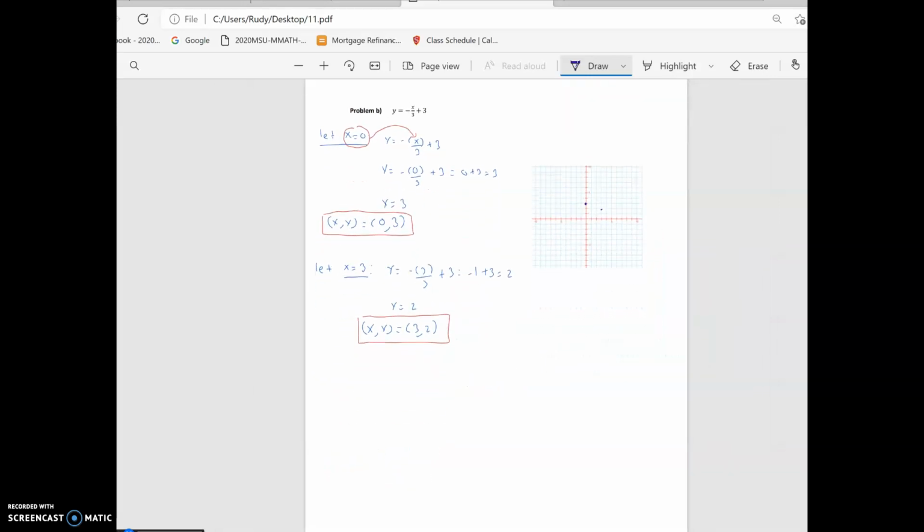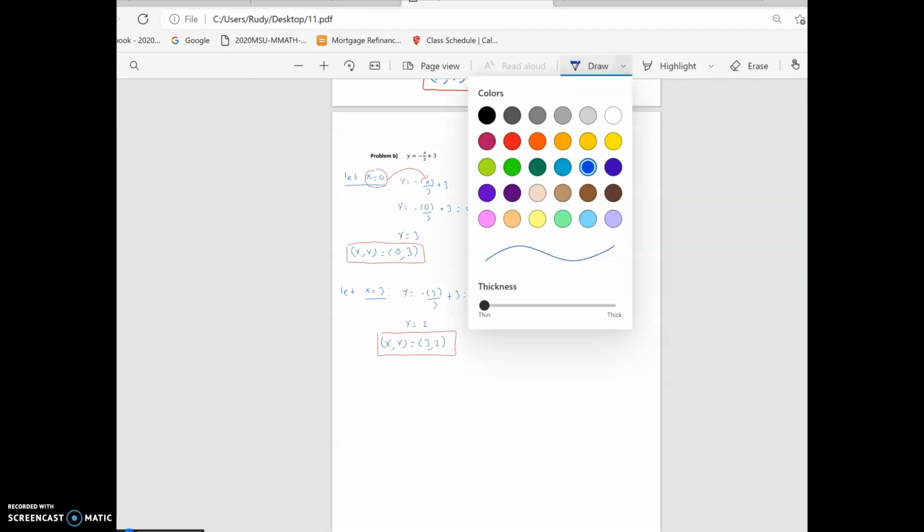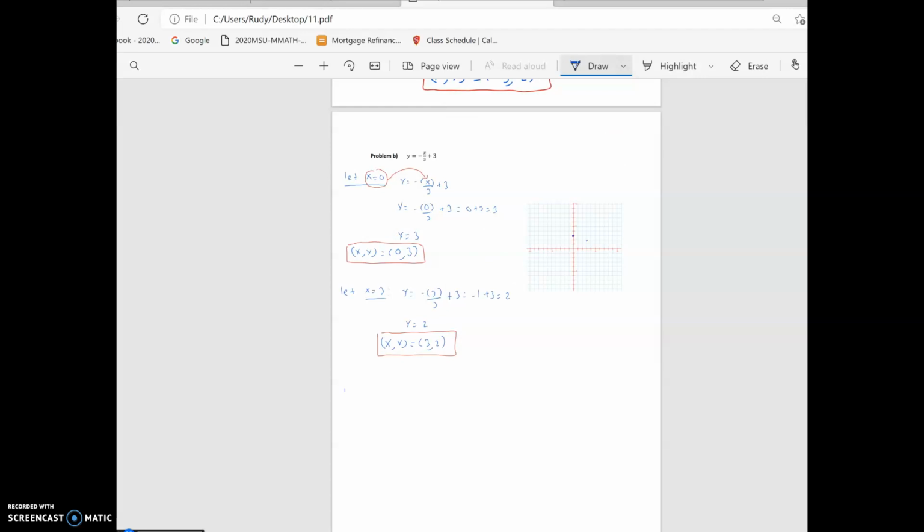Okay, let's do one more. Let me use the same value that we used before, but in this case, let x equal negative 3. Notice that I'm just getting values that are divisible by 3 as well. If you had any other value in the denominator there, you could just find any values that are divisible. So in this case, y is equal to negative 3 divided by 3 plus the value of 3.